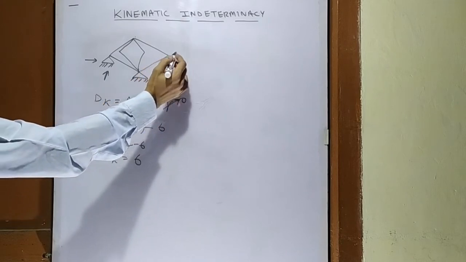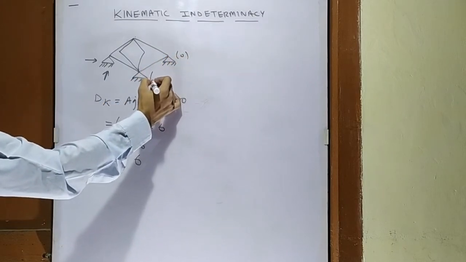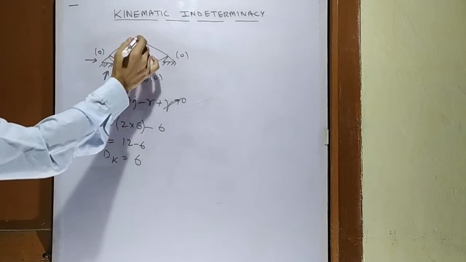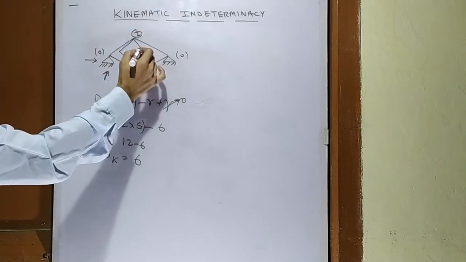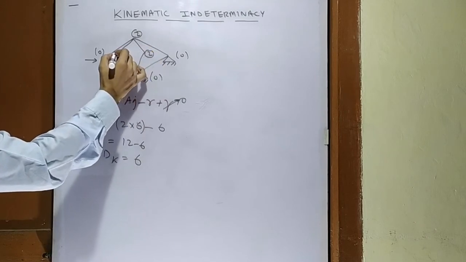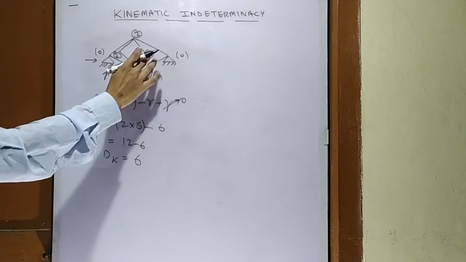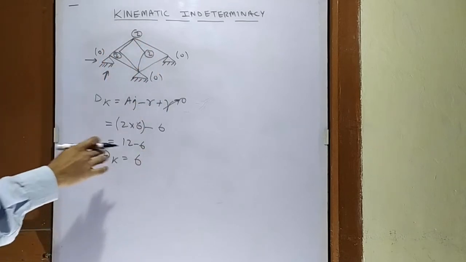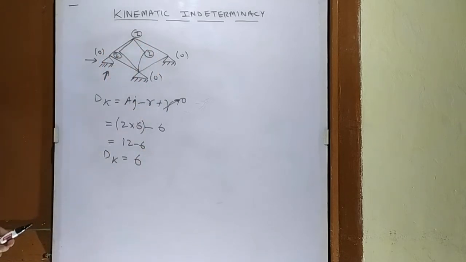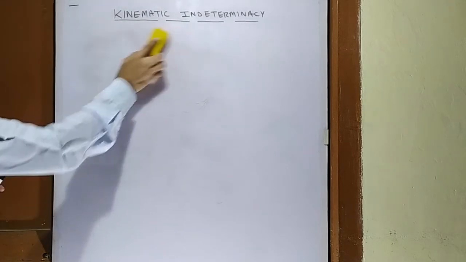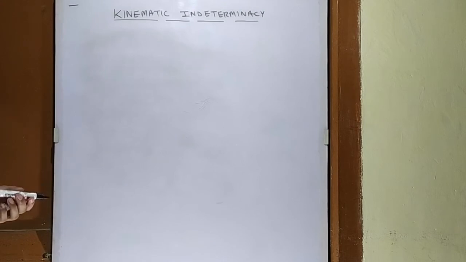The degree of freedom will be 0 at these pin supports, and at each other joint there will be 2 degrees of freedom. So you can just add these 2 plus 2 plus 2, it will be equal to 6. So in this way you can find out the degree of kinematic indeterminacy for any type of truss structure by using the formula or just by calculating it from the figure.